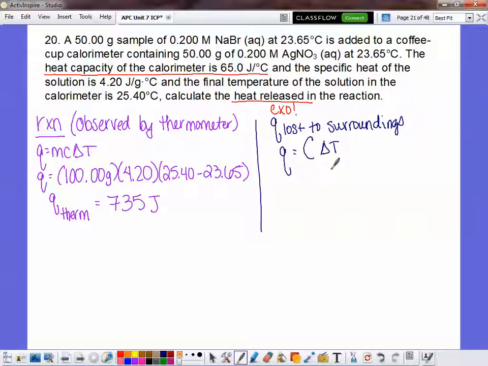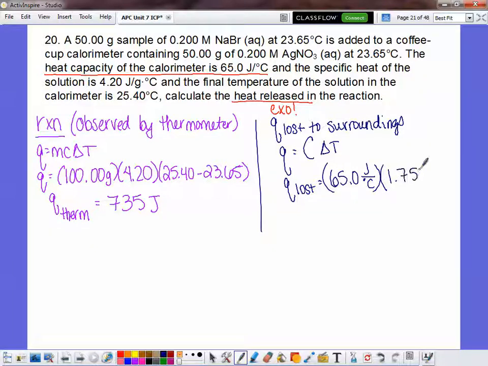Notice how mass is not an important factor here. For the heat capacity of the calorimeter, all we care about is how much energy or how much temperature is changing. Okay. So Q loss, the temperature difference is going to be the same here. So 65.0 joules per degree Celsius times what was our delta T? 1.75.